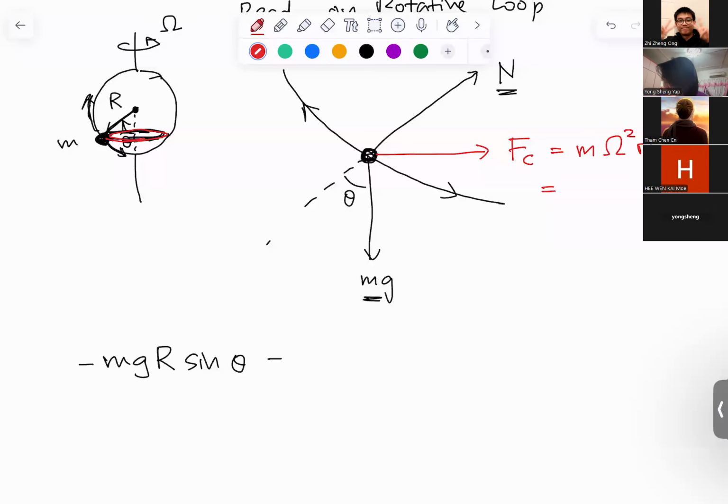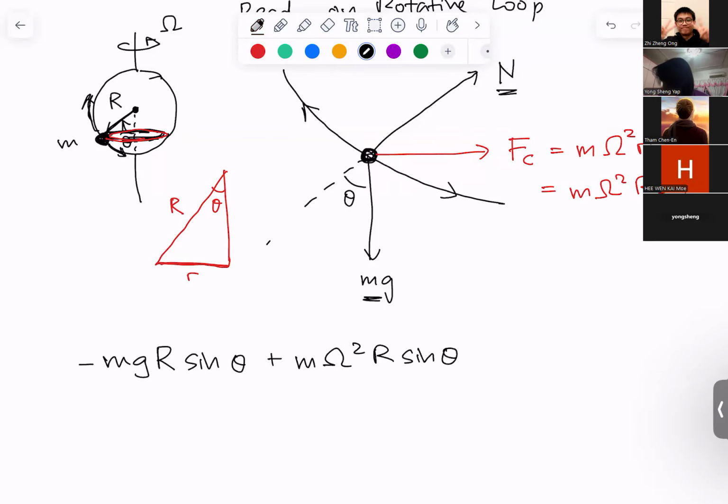If you do some geometry, you have a triangle with the radius R of the loop, the small r, and the angle theta. So you have r equals R sine theta. So you have m omega squared R sine theta for the centripetal force, and this is again at a radius R.